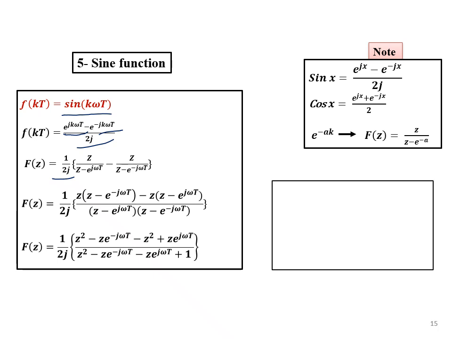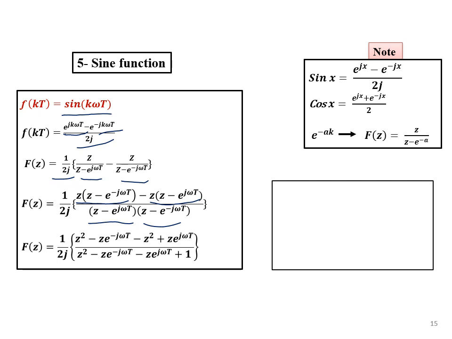We have 1 over 2j, and for the exponential, as we have discussed in the previous slides, z over z minus e to the power j omega T minus z over z minus e to the power negative j omega T. We get a common denominator, z minus e to the power j omega T times z minus e to the power negative j omega T, and the numerator is z times z minus e to the power negative j omega T minus z times z minus e to the power j omega T.